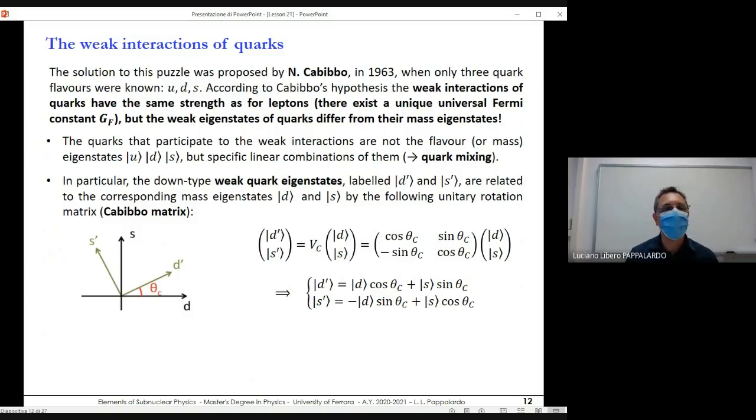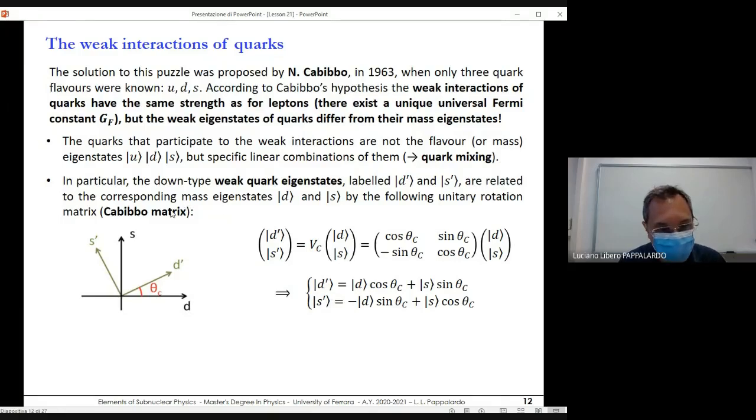This means that the quarks that participate in the weak interaction are not up, down, and strange, which are the mass eigenstates or flavor eigenstates, but rather different states, which are weak eigenstates, eigenstates of the weak Hamiltonian if you like, which can be obtained as combinations of the mass eigenstates. So the quarks that participate in the weak interactions are not the flavor or mass eigenstates u, d, s, but specific linear combinations of them. We are introducing here the so-called quark mixing.